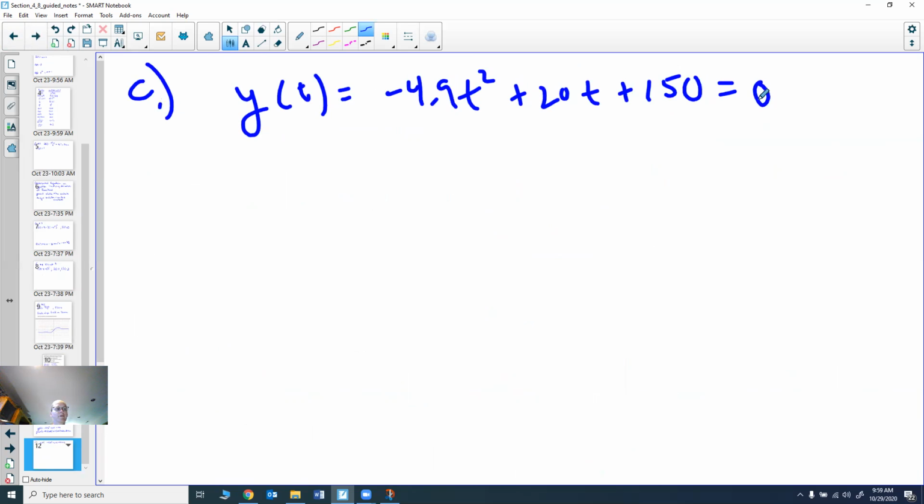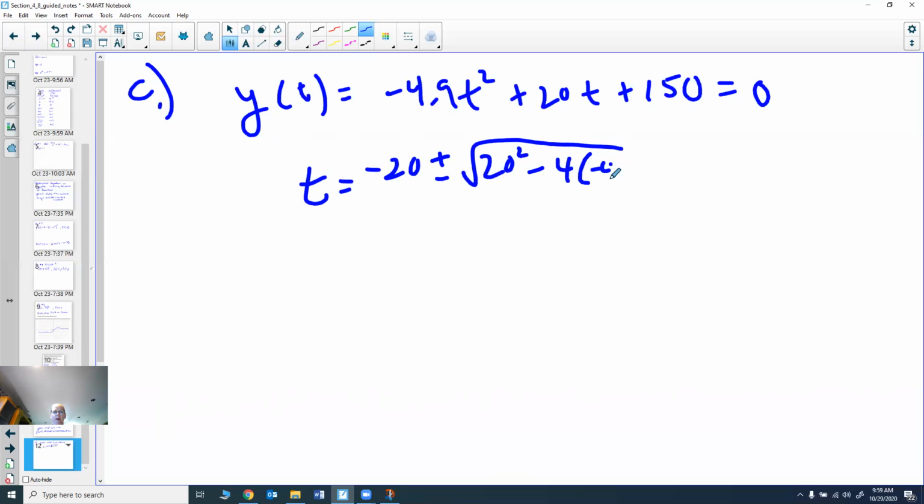At this point, it probably doesn't factor. My guess is we'd have to use the quadratic formula. So t will equal negative 20 plus or minus the square root of 20 squared minus 4 times a, negative 4.9, times c of 150, all over 2 times a.